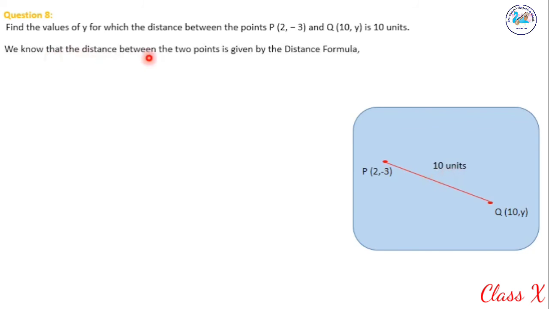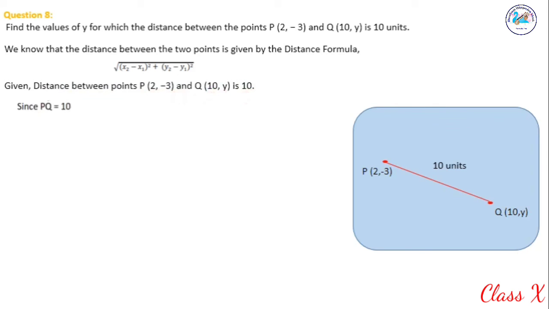We know that the distance between 2 points is given by the distance formula, that is the root of (x2 minus x1) the whole square plus (y2 minus y1) the whole square. Then the distance between the points P(2, minus 3) and Q(10, y) is 10 units, it is given to you. So that means PQ is 10. Just go for calculating PQ.